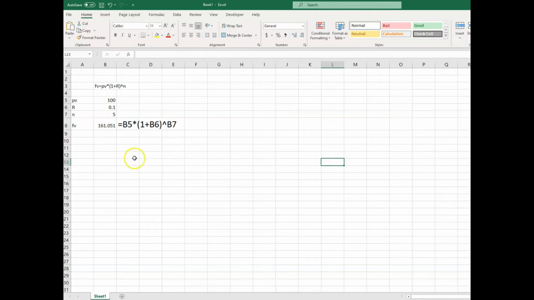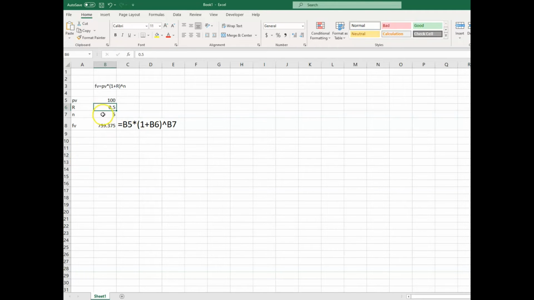I'm going to show the formula. We just simply apply the formula. This is present value, this is R, and B7 is N. Suppose it's not 10%, it is 5%. Then we modify this interest rate and get the final result directly.